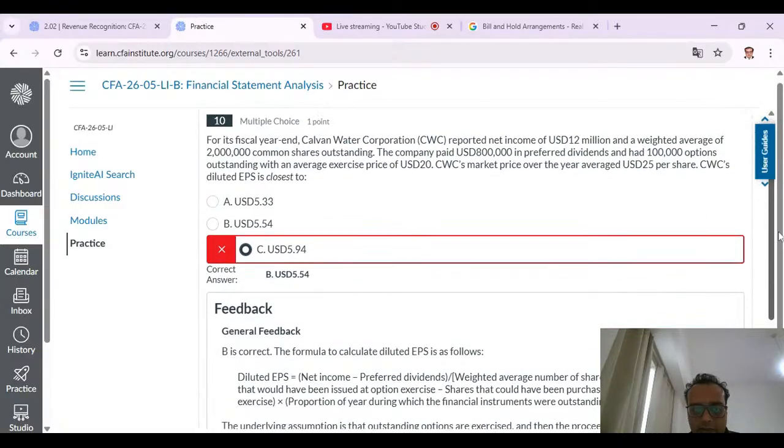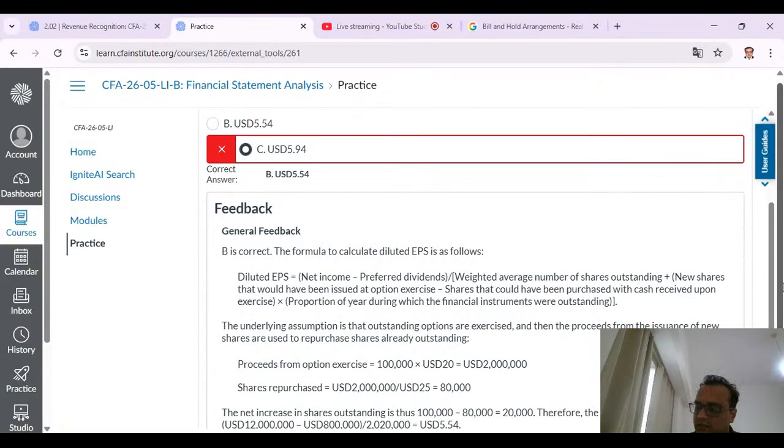Yeah. So if we see the working, diluted EPS is net income minus preference dividend, divided by weighted average number of shares plus new shares that would have been issued at option exercise less shares that could have been purchased with cash received upon exercise, multiplied by proportion of the year during which the financial instruments were outstanding.